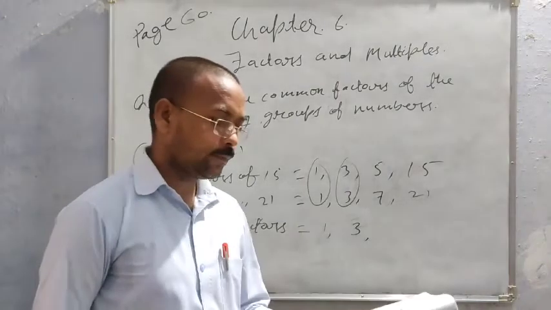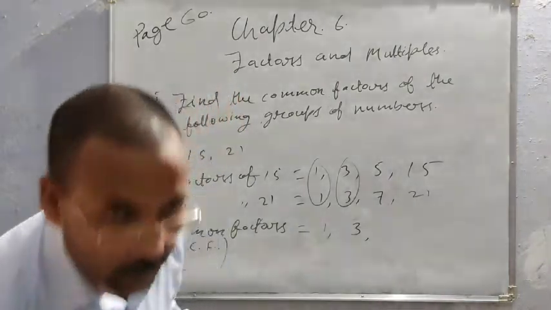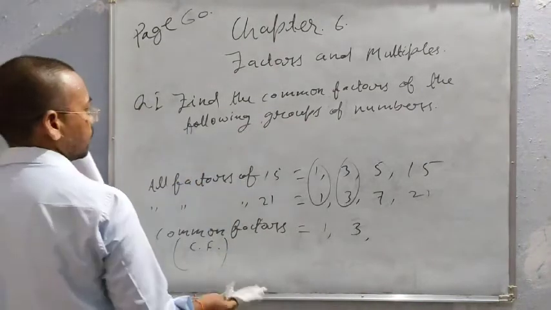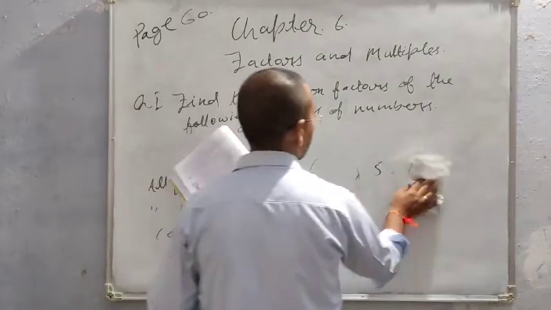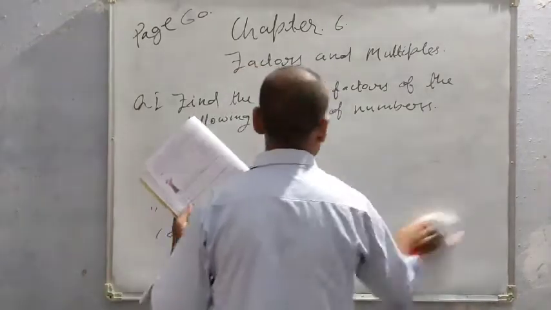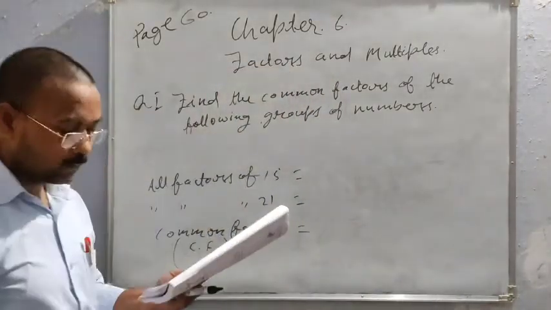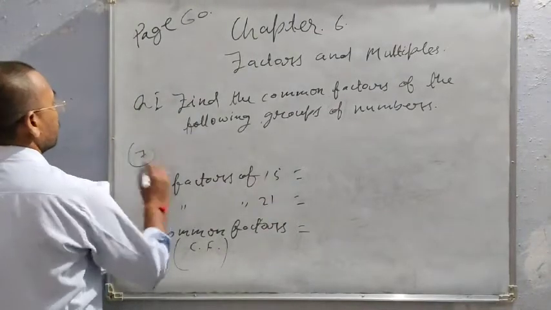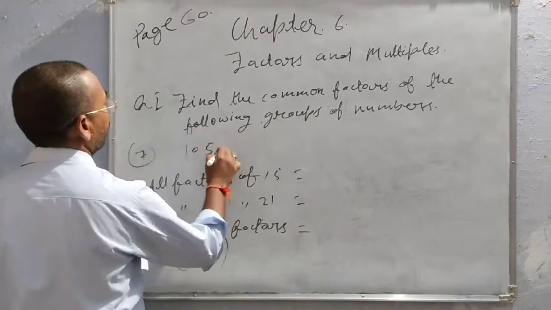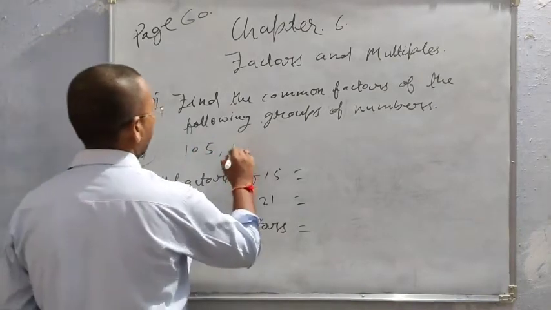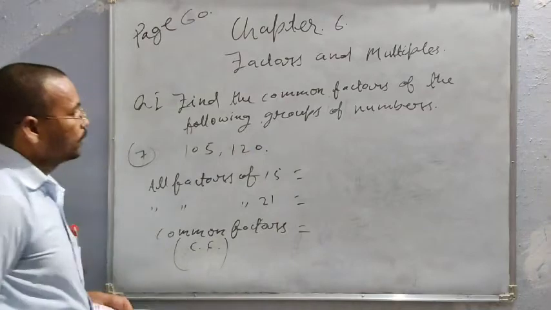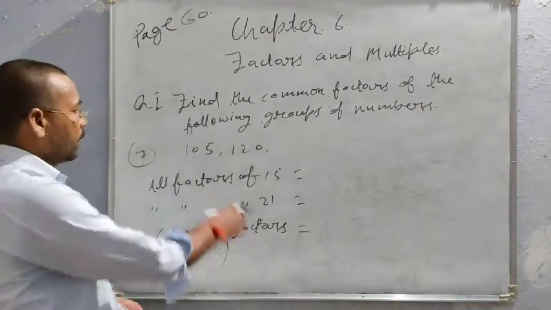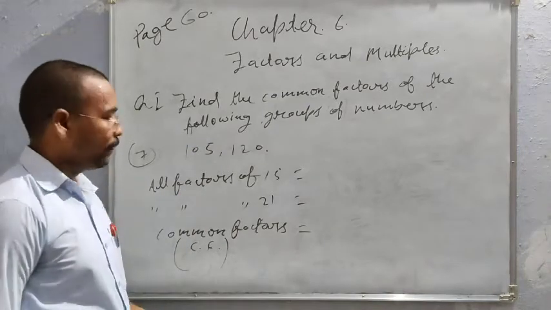Now here's the seventh one: 105 and 120. So you know the test of divisibility. You can find all the factors of 105.